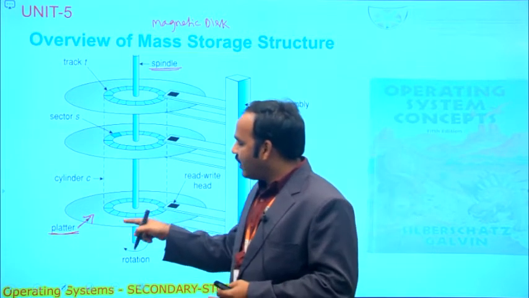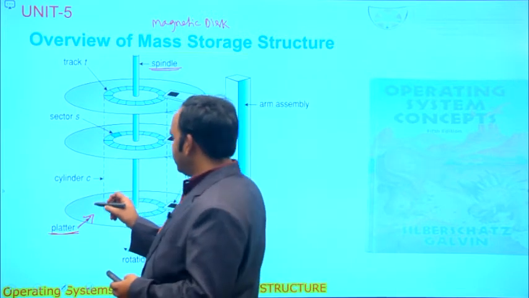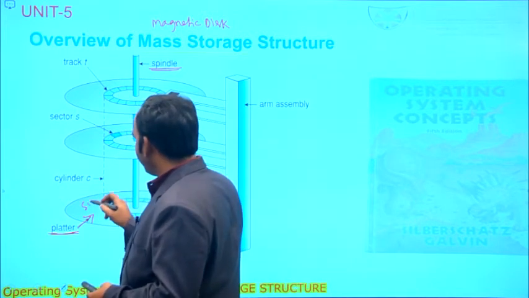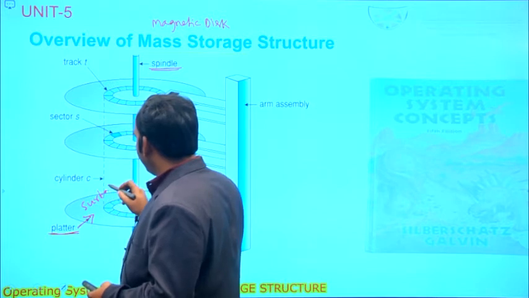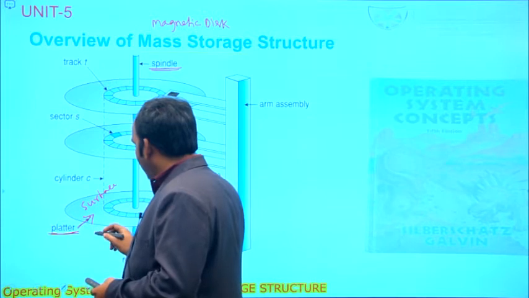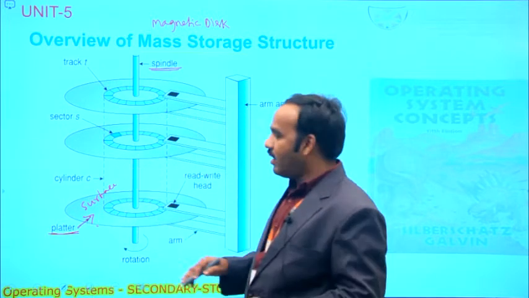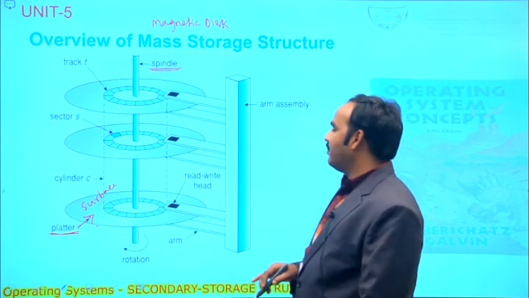And every platter has two surfaces. This is surface 1, and at the bottom of this platter you can see another surface. Both surfaces are coated with magnetic material.